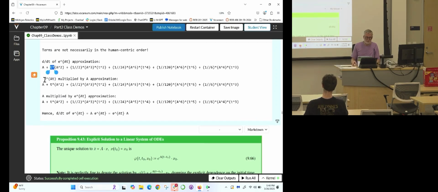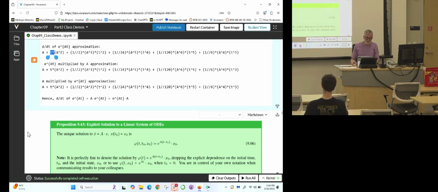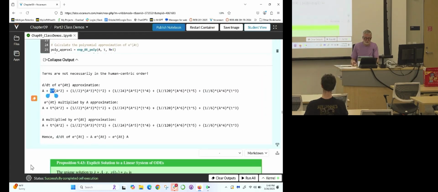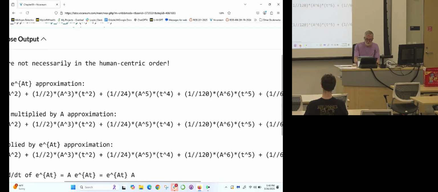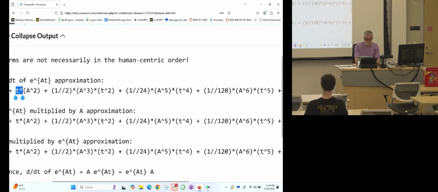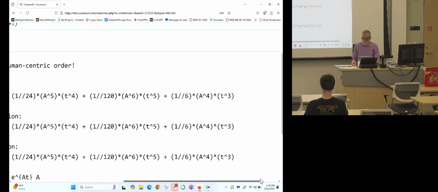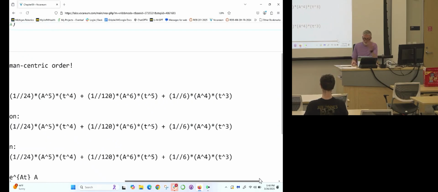Here I take e to the At and multiply it by A, and then I compare and see that I get the same thing. Julia has the squared term, the cubed term, the fifth term, the sixth term, and then the fourth term at the end.